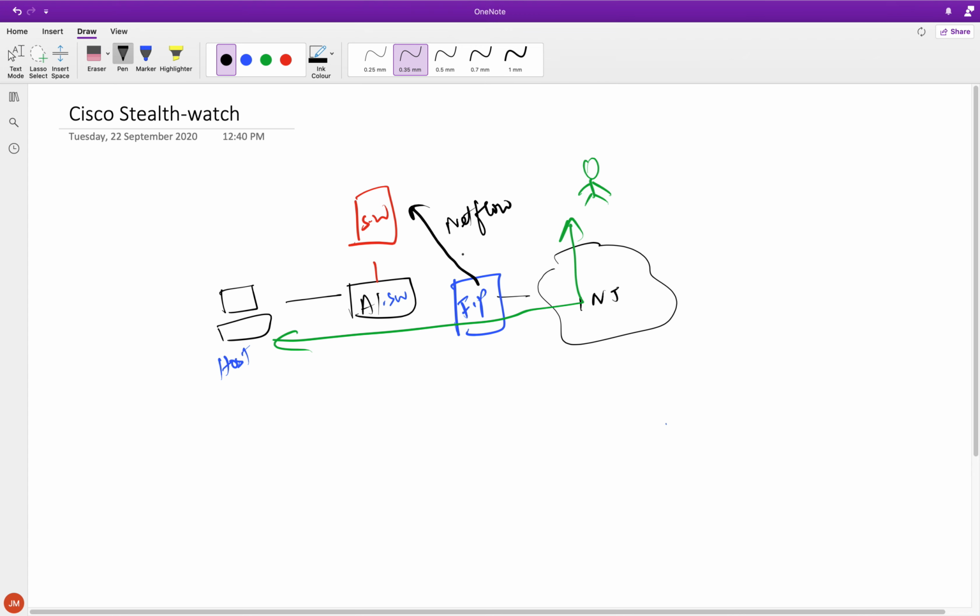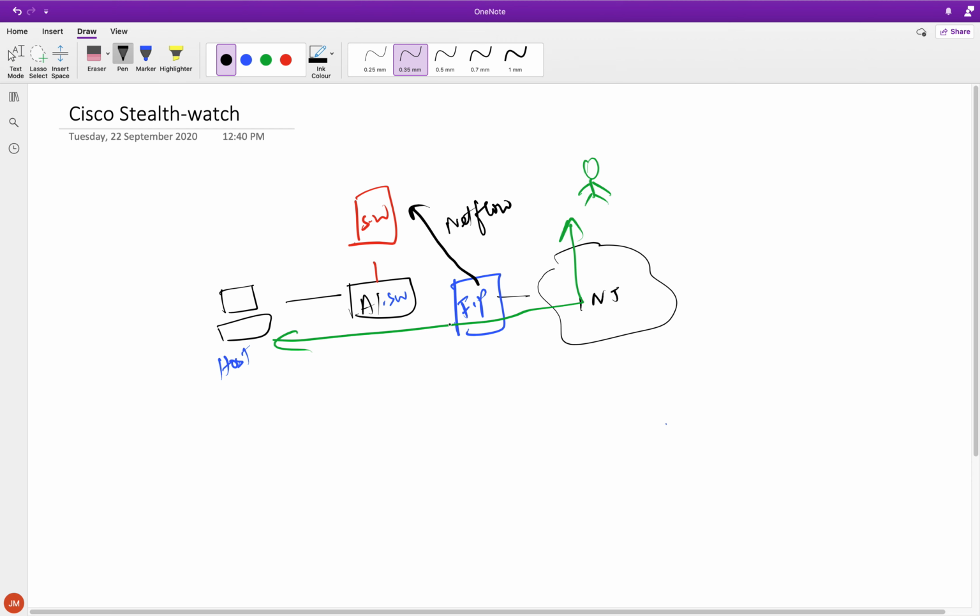Think of NetFlow as some part of your packet. There are data packets flowing around, and I wouldn't want to send the whole data packets to Stealthwatch, because that would create other issues like privacy. Imagine you're in a banking or financial institution; you really can't send all the packets somewhere else.